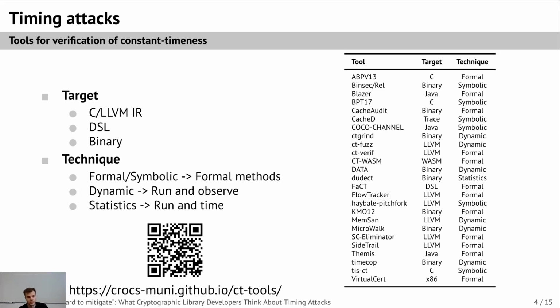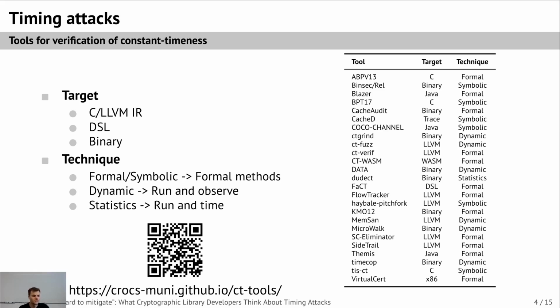You can find all of these tools and more, and hopefully in the future tutorials, guides, and installation scripts, behind this QR code and on this link, where we will try to get this info on these tools and make these tools as usable as possible.